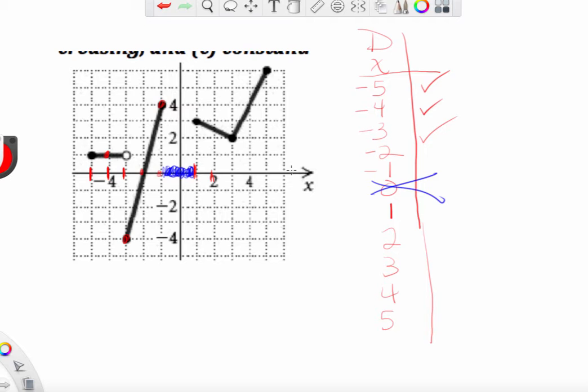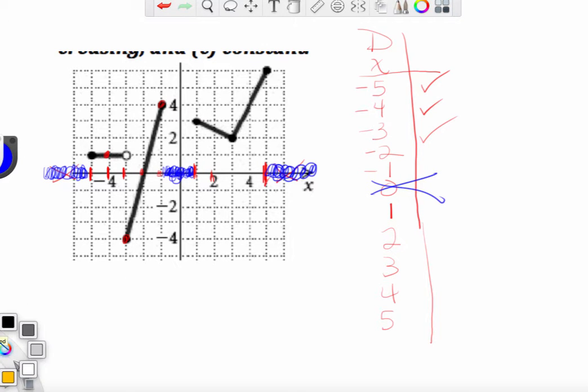Once I get past 5, I don't have any more of those x's, and I actually don't have any x's over there. So I probably should be using blue to scribble that out. There are no ordered pairs that use any of these blue x's, and there are no ordered pairs in the middle that use any of those blue x's.